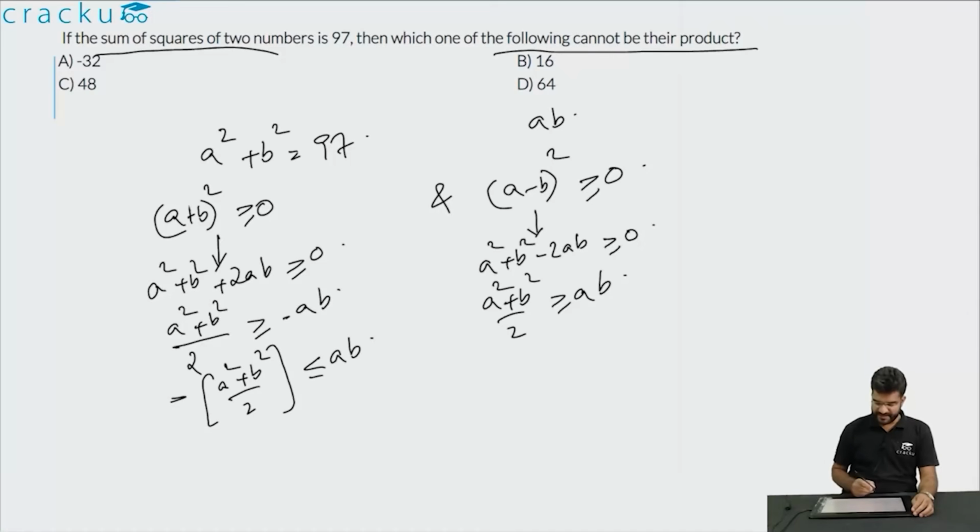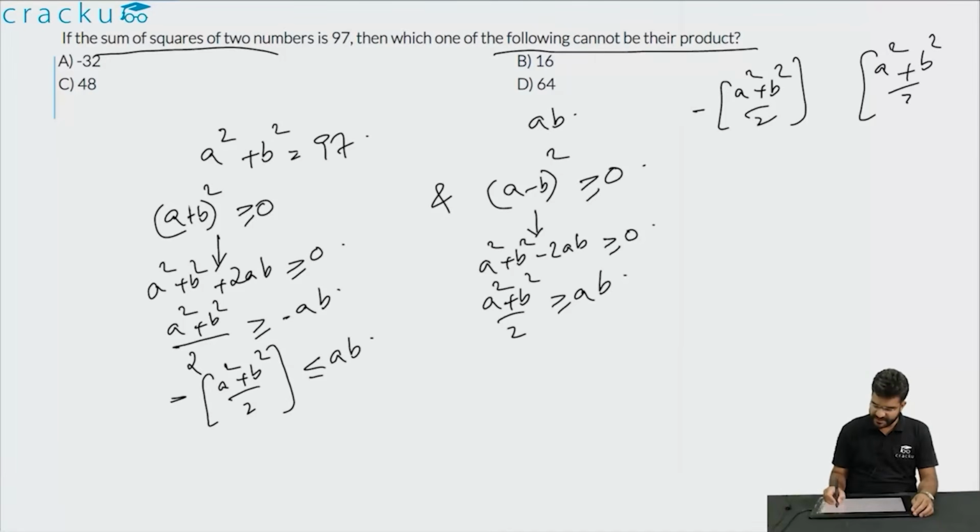So here you have a lower bound and an upper bound for ab. It will vary from minus of a square plus b square by 2, it is definitely greater than this, and the maximum possible value is a square plus b square by 2. In this case, we know that a square plus b square is equal to 97. So ab will vary between minus 48.5, which is minus 97 by 2, and the maximum possible value is 48.5.